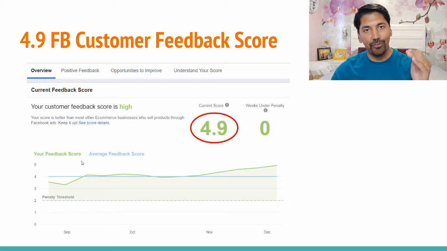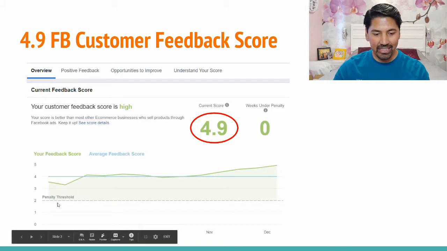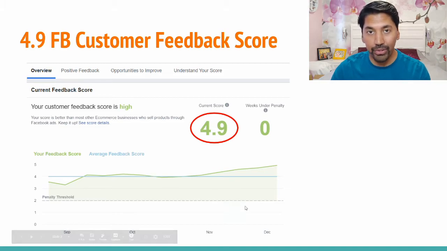And if you fall below a certain level, if you fall below 2 or 1, then there's a penalty that kicks in, right? You can see the dotted line here. 2 is the penalty threshold, but in our experience, we have come across many dropshippers who even see detrimental effects the moment they drop below 3.